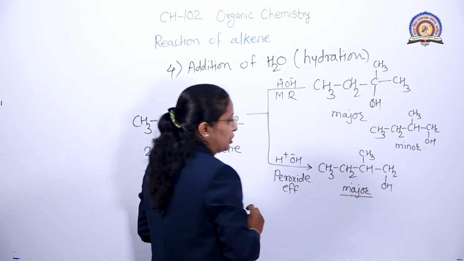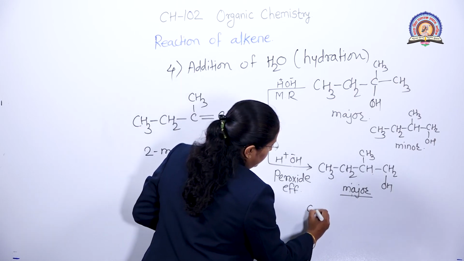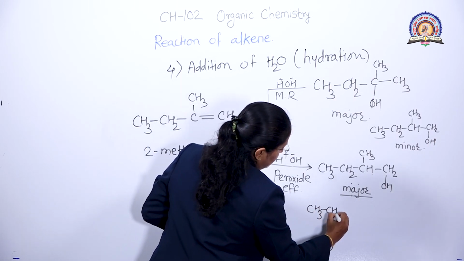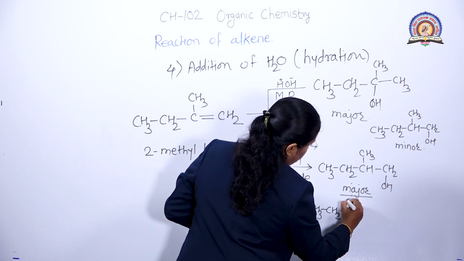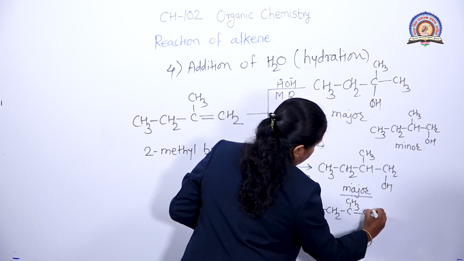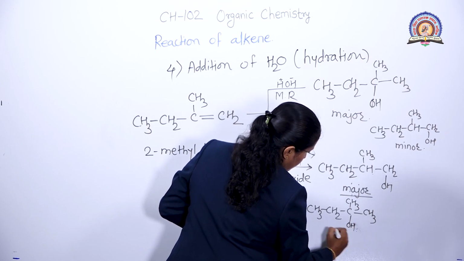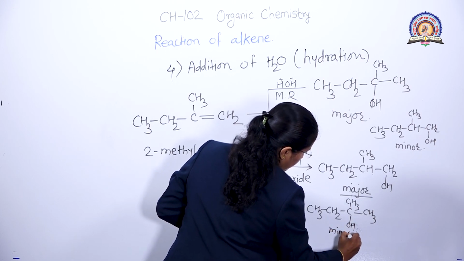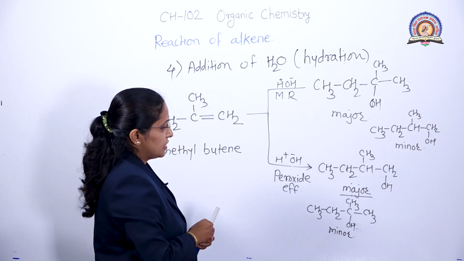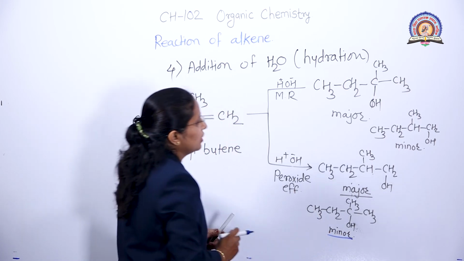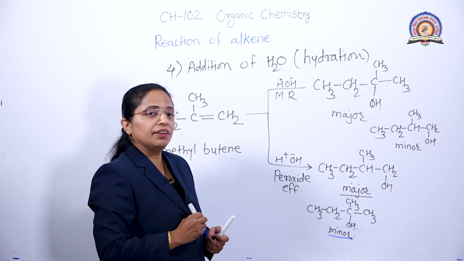This is the major product, and the other one, CH3, CH2, this one, is the minor product.